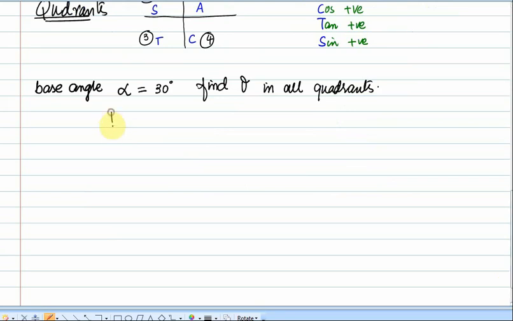At first I will make all the four quadrants. Now for alpha we know that it will always be made with the x-axis, so I will make alpha, that is angle 30, in all four quadrants.